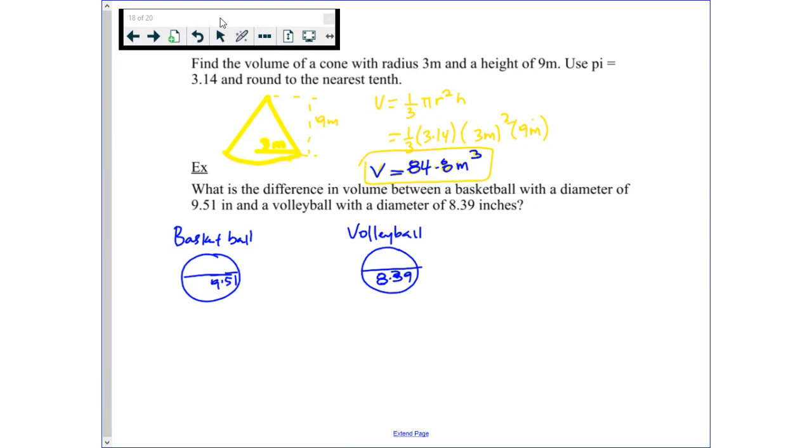So the volume of the basketball is 4/3 pi r cubed.